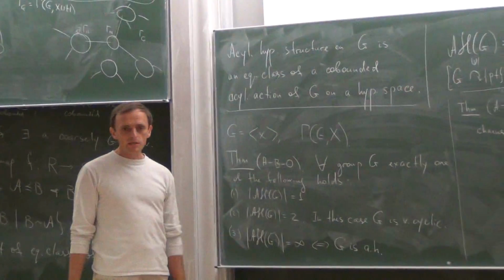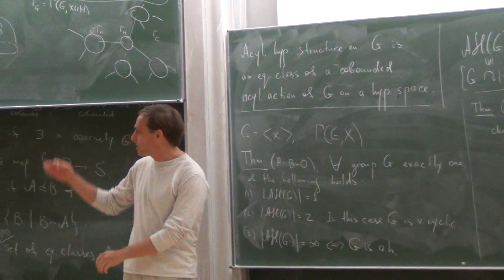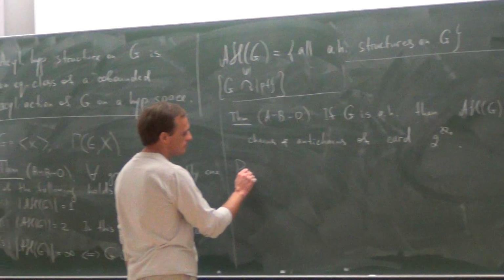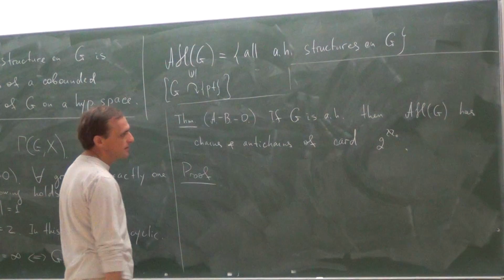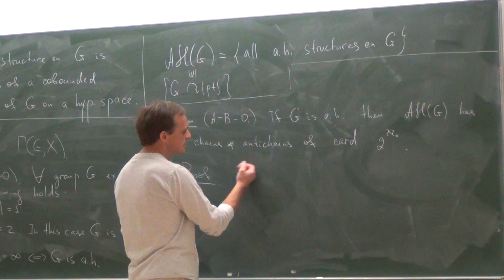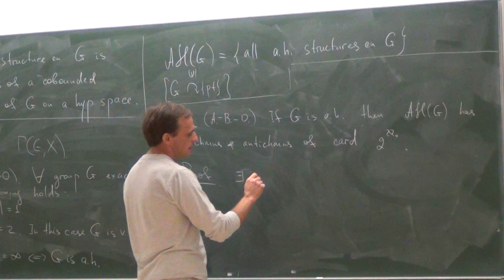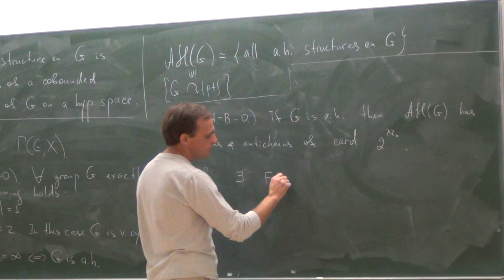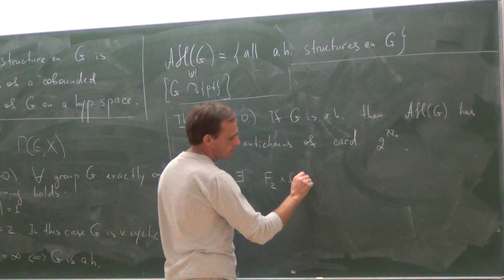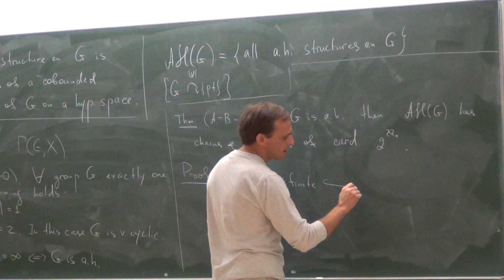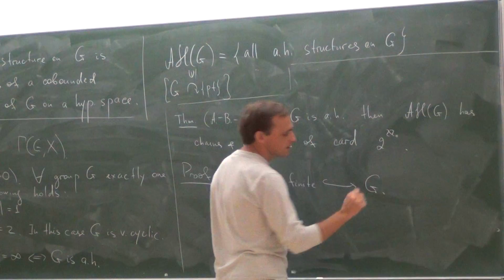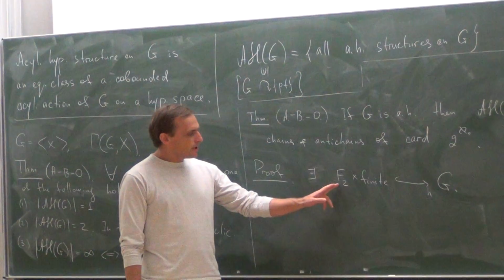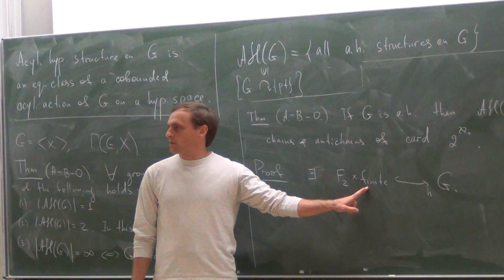Now, how do we prove this, and what's the relation between this topic and the induced action? Well, here's the idea of the proof. As I mentioned in my previous lecture, there exists a subgroup of G, which is F2 cross finite, and which is hyperbolically embedded in G. Now, F2 is a retract in this direct product.